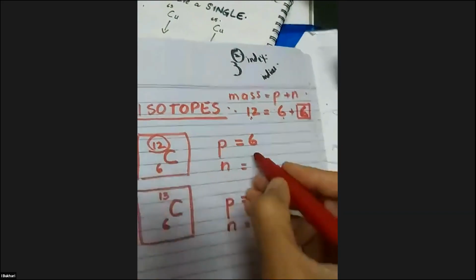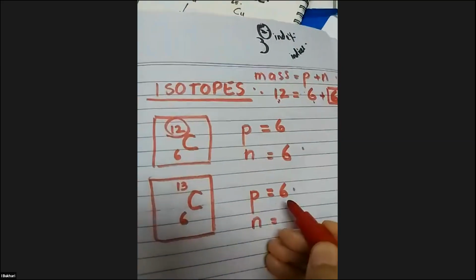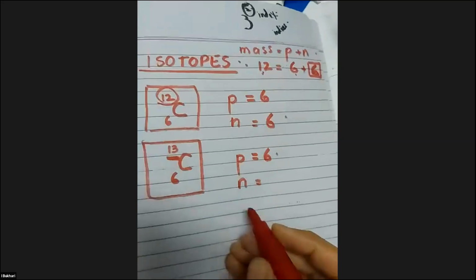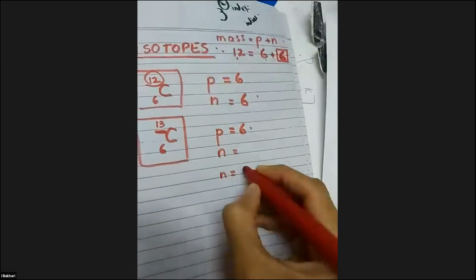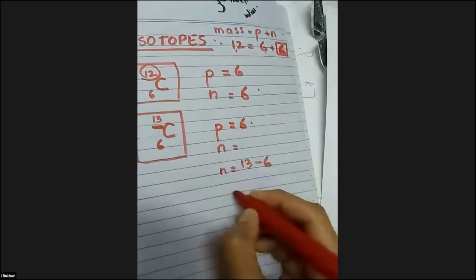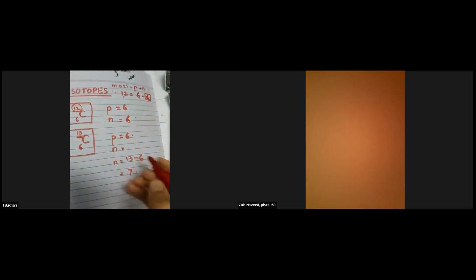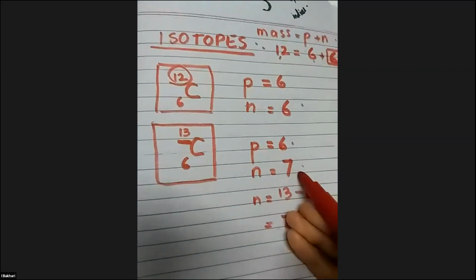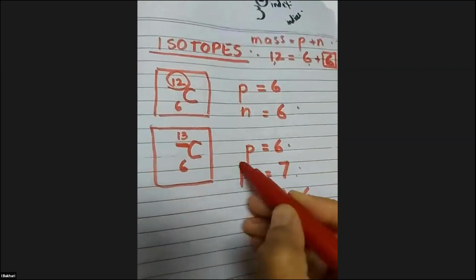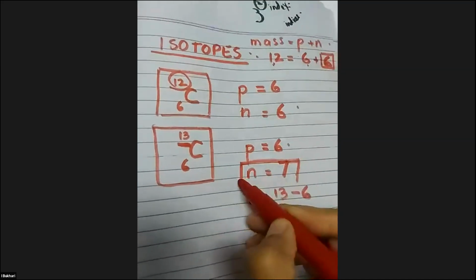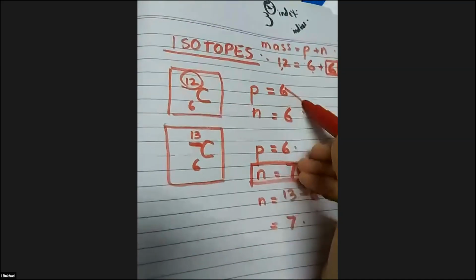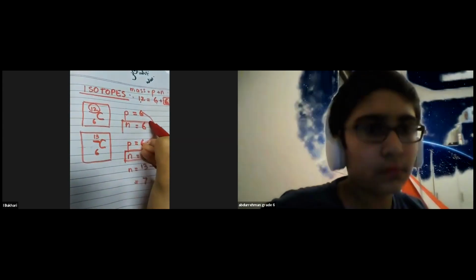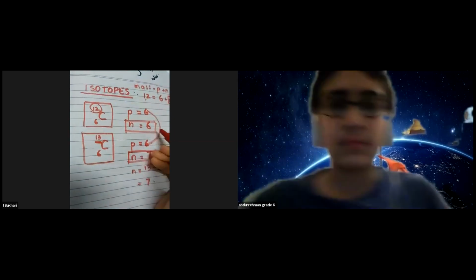But here the mass number is 13, so the neutrons would be 13 minus 6, which is 7. As you can see, both of them are the same element because they have the same proton number, but since the number of neutrons is different, their mass number is going to be different.